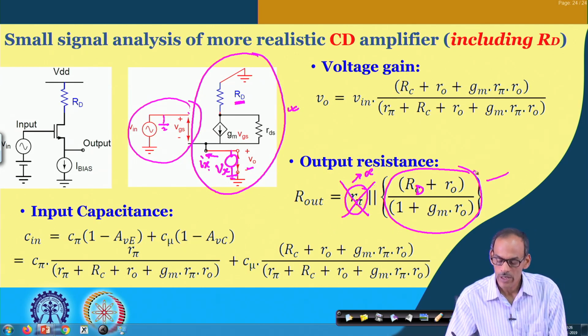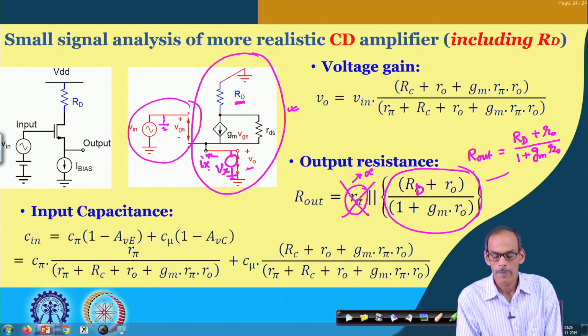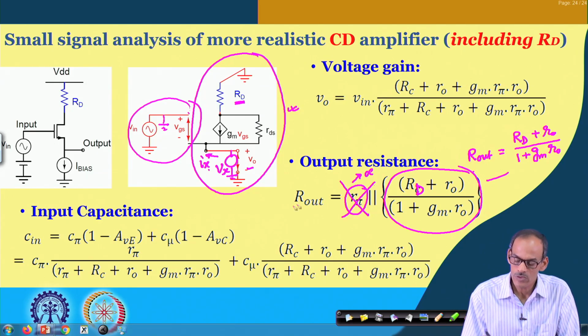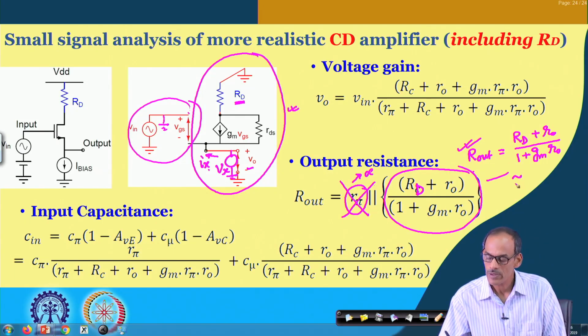So, what we have, R out, is R d plus R naught divided by 1 plus G m into R naught, right. So, that is how we get the expression of output resistance. Again, this is in the order of 1 by G m.